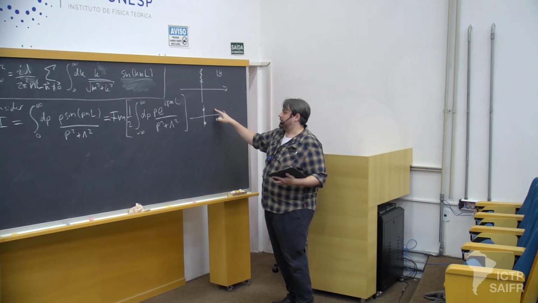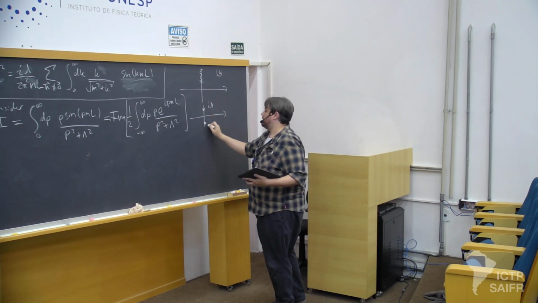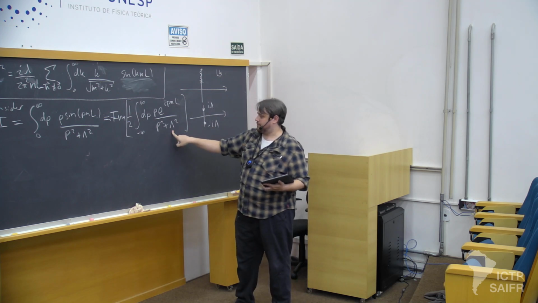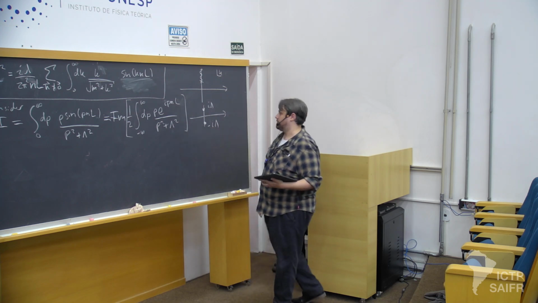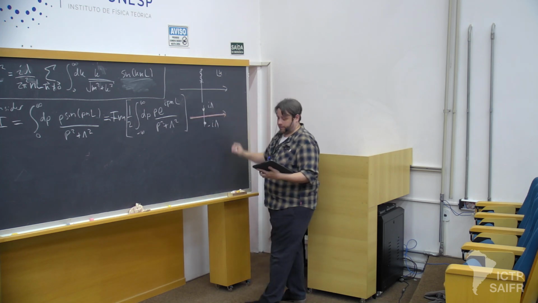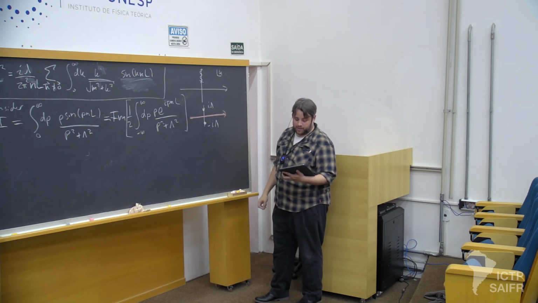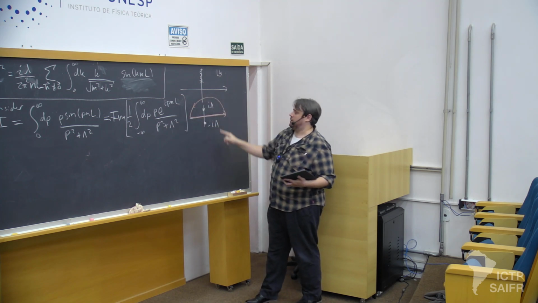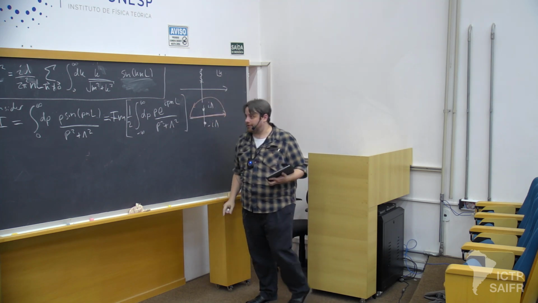So this is my complex plane. I have a pole at i lambda and minus i lambda, since that's when p squared plus lambda squared goes to 0. I'm integrating along this line. I can choose a contour, say this one here. It will pick up one of the poles, not the other.